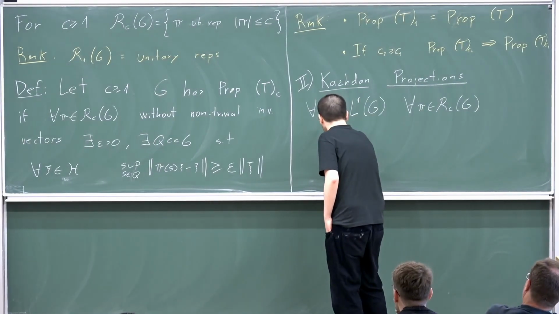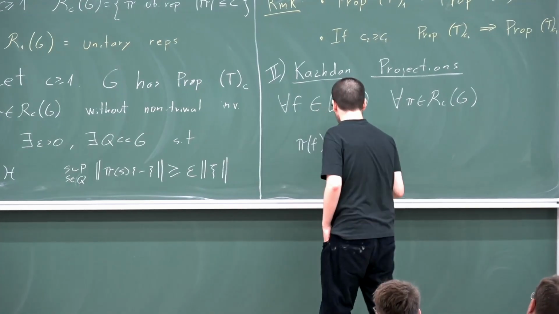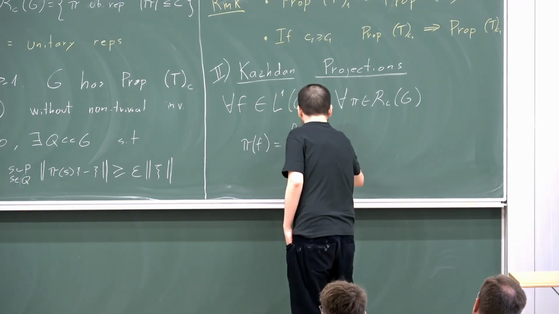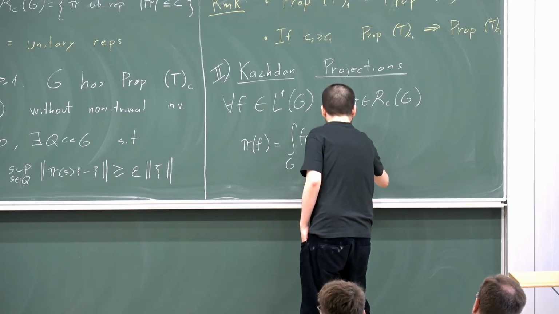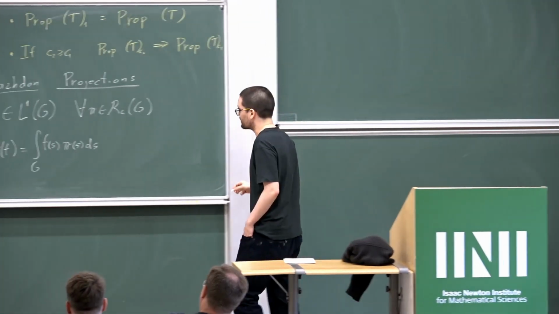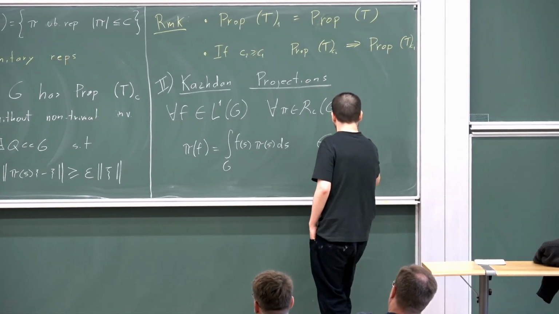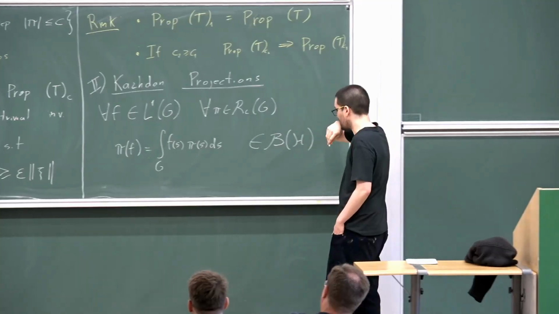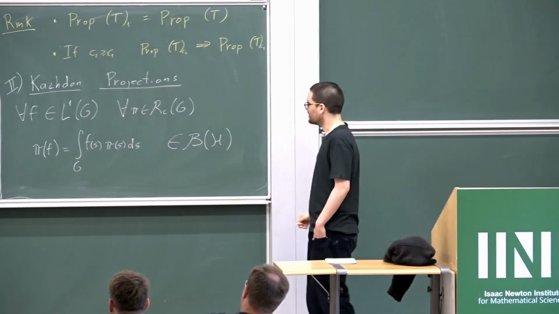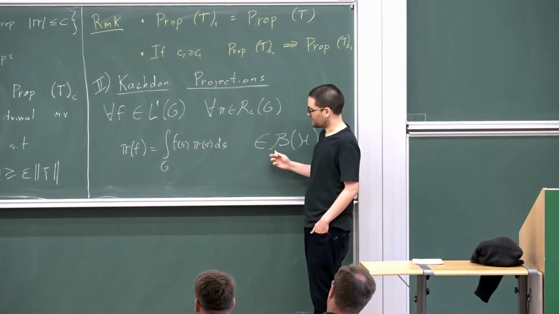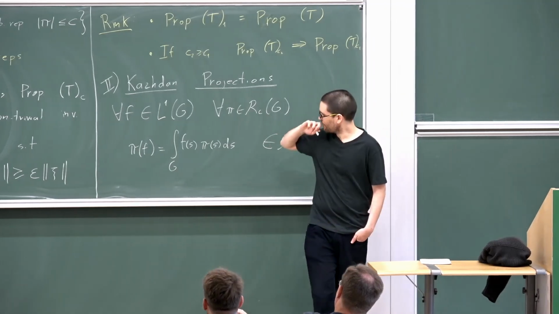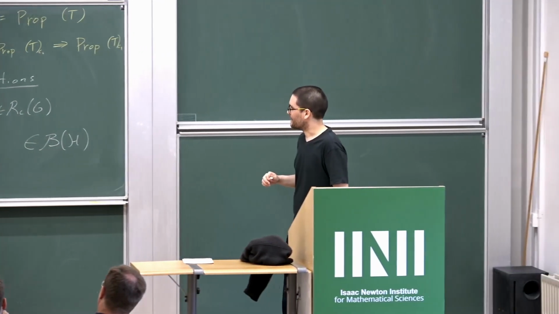So I can define phi of f as the integral over G of f(s) phi(s) ds, where this is a bounded operator, and this integral makes sense as a limit in the strong operator topology, and this is a bounded operator whose norm is bounded by the L1 norm of f times C.